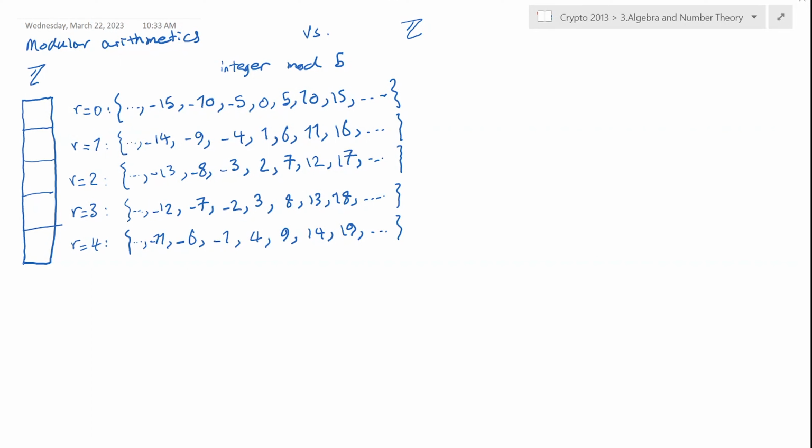What I wanted you to see is that when you apply this small operation, mod 5, intuitively you are partitioning the set Z into different sets.